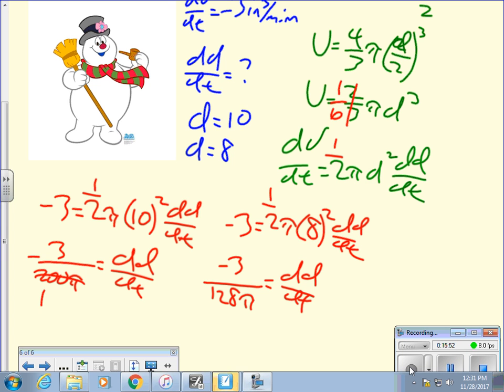So that's 100 pi. And I do half of this, which is 60. Actually, no, I need to take 1/4 of it because I doubled it. My bad. So this ends up becoming 50 pi. And this one becomes 32 pi. 100 squared, half of that's 50. Because I take 10 squared, I get 100. 100 times 1/2 is 50.